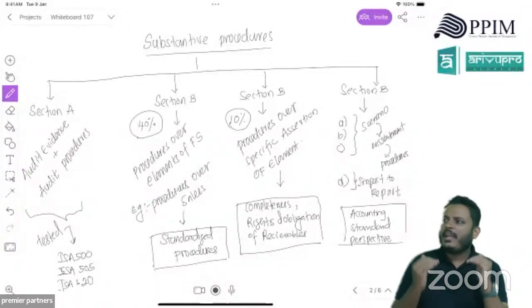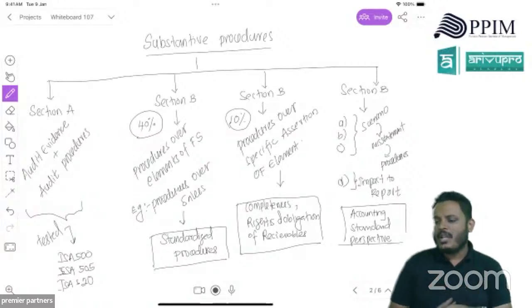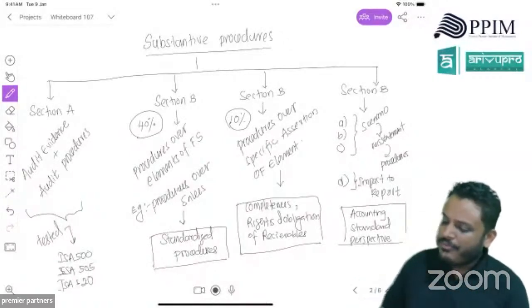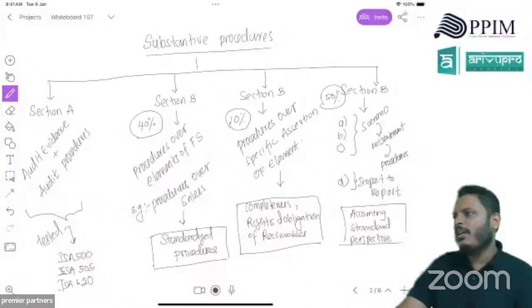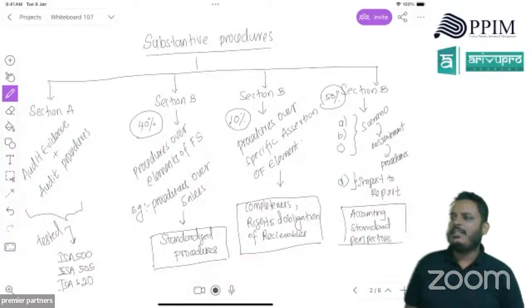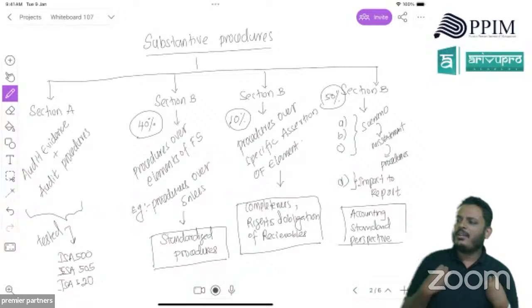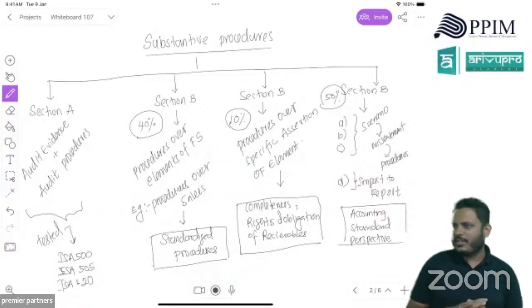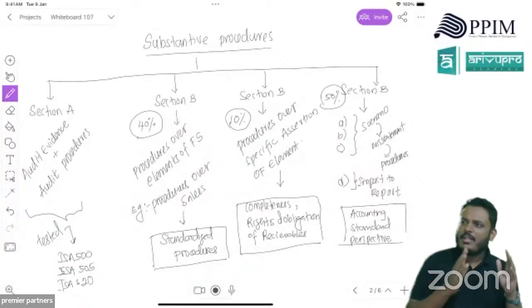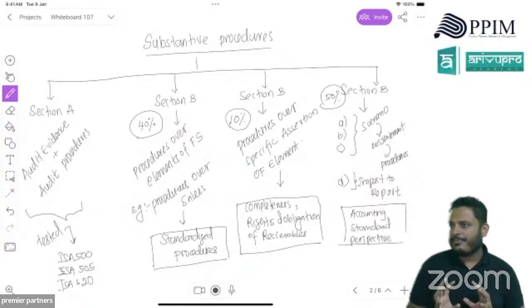When we get a standards-based case study on substantive procedures, I expect 50% of the total substantive procedure marks can be covered by this type of question. Therefore, don't just learn the procedures by heart and feel confident that you can do all the procedure questions. No, procedure questions can be tested in different dimensions.